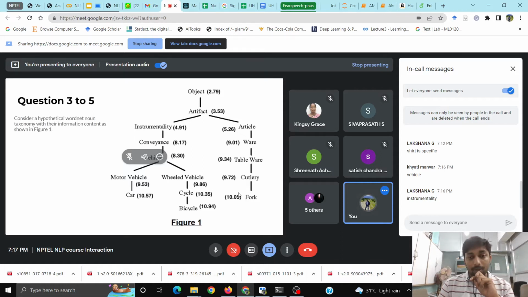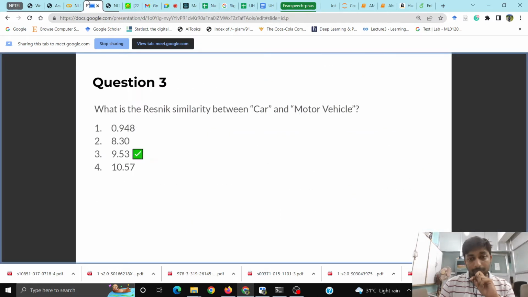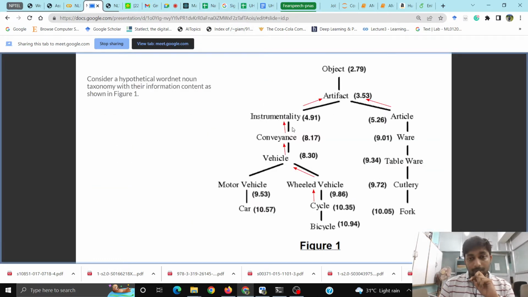So for example, if you reach artifact, whichever is in more depth, you can traverse back that first and traverse it until it reaches some common node. Yeah, so this is the technique shown. So we will get artifact here. So that is the information content 3.53.